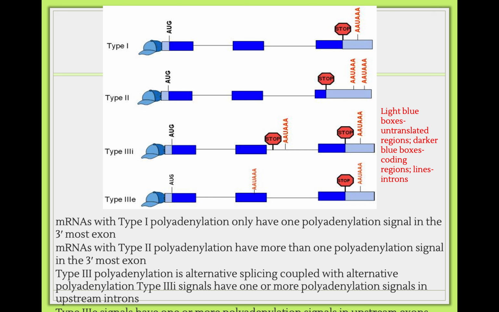For type 3I, which is intronic, you can see that you may have a premature stop signal, and basically it adds the polyadenylation or poly A tail. For type 3E, which is on the exon, sometimes the poly A tail signal is before the stop.